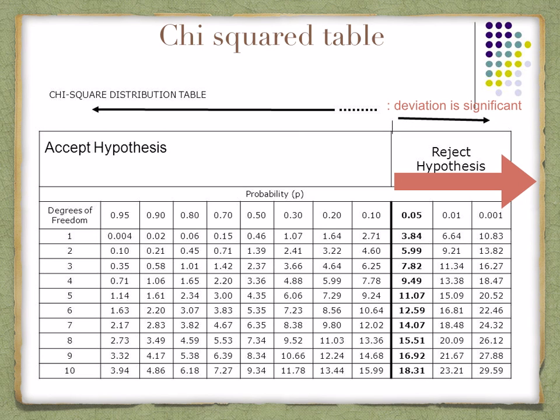If the probability is less than 0.05 or 5%, the deviation is said to be significant. In other words, some other factor is affecting the results. So the null hypothesis must be rejected.